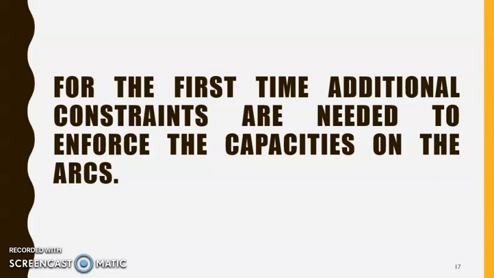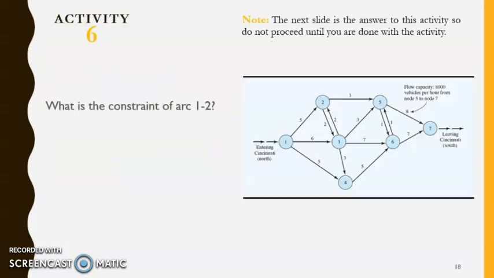It talks about the capacity of each road, so we need to consider them as constraints, and the constraints related to them are super easy, my friends, and very easily you can handle them. It is asking you, as activity 6, what is the constraint of arc 1, 2? You need to write the constraint related to arc 1, 2.